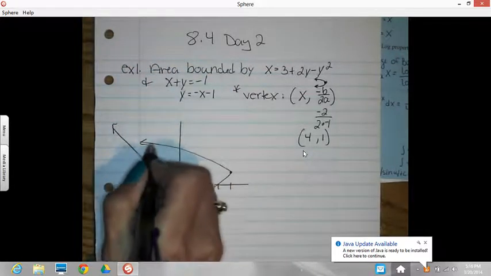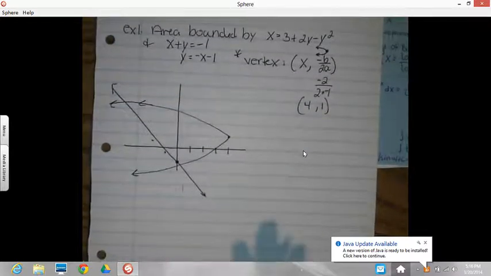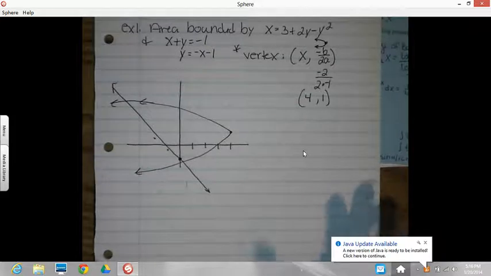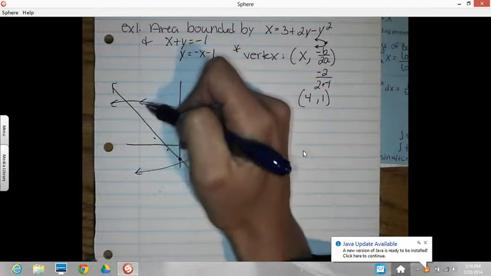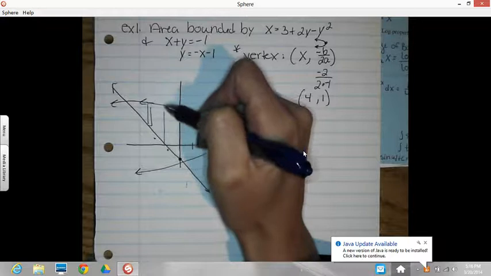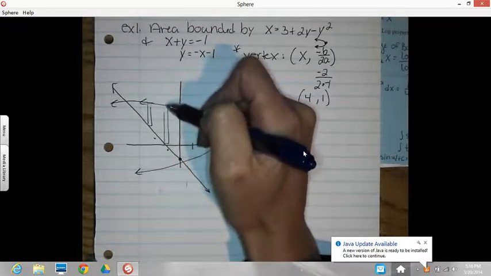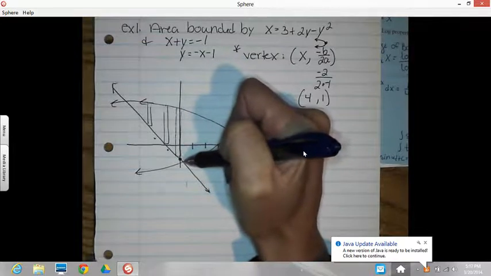Okay, next thing you should do is draw your rectangle in. All day yesterday, your rectangles were vertical. That's not a problem for this part of my bounded region, because I'm hitting parabola and line, but once I get past this intersection, now I've got parabola minus parabola to get me the height.